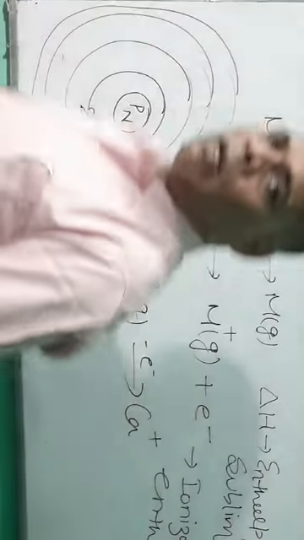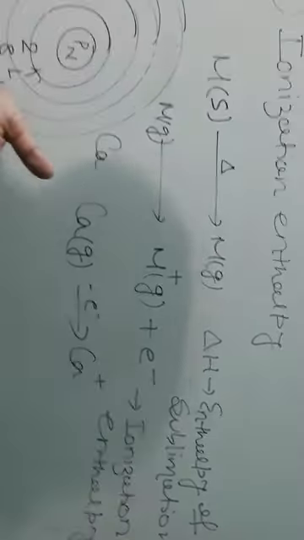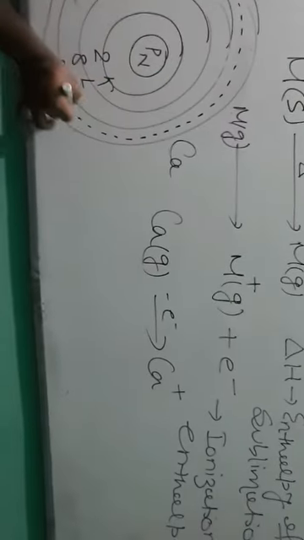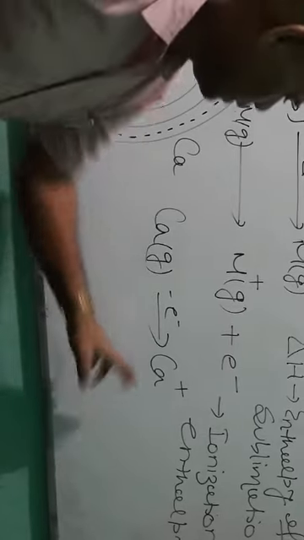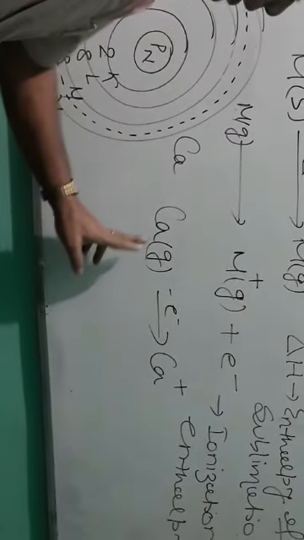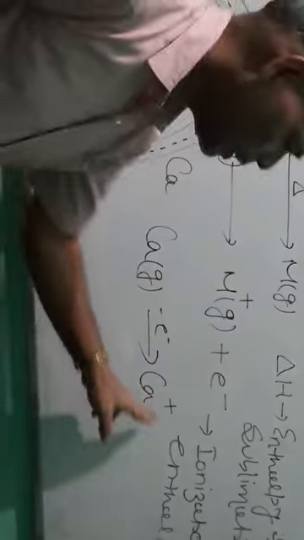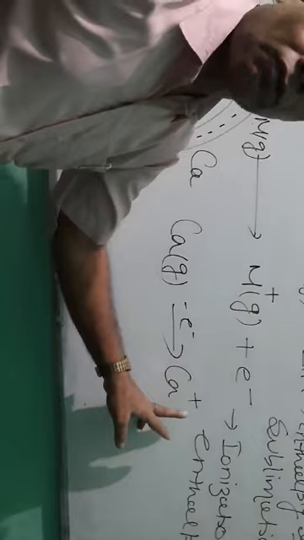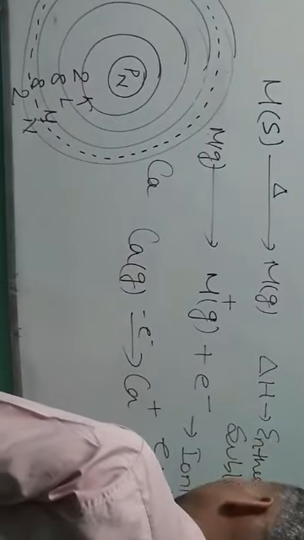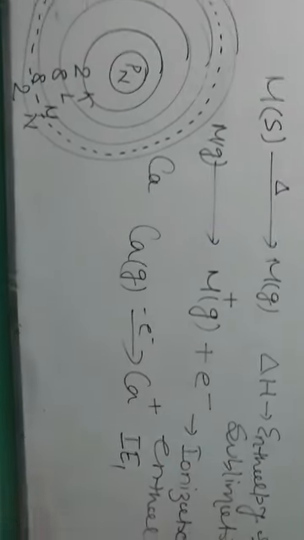Now after removal of one electron, there is a contraction in size. Calcium loses one electron and converts into calcium ion having 1 unit of positive charge. The energy involved is called first ionization enthalpy.